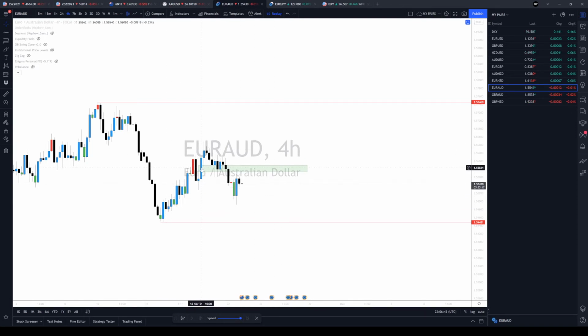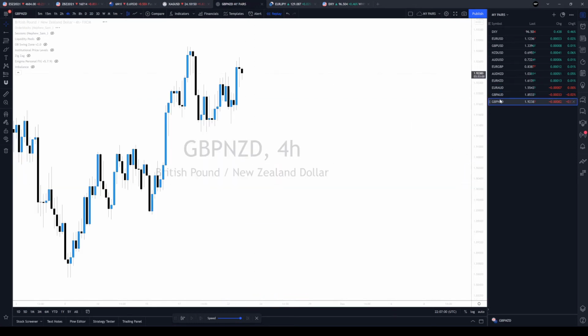The long that I took on Friday, I closed it because I didn't like the way price was rejecting. But I'll revisit this tomorrow during the New York session, depending on how price trades during this Asian session.